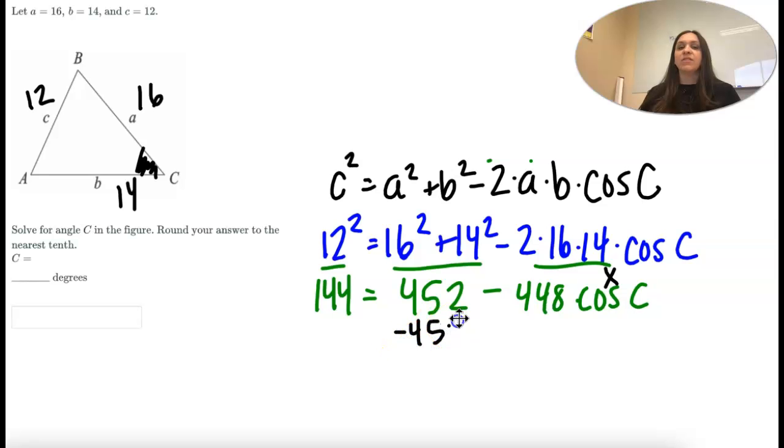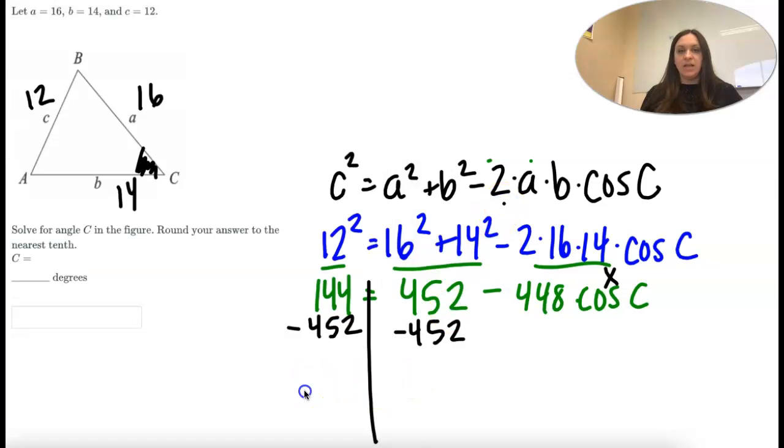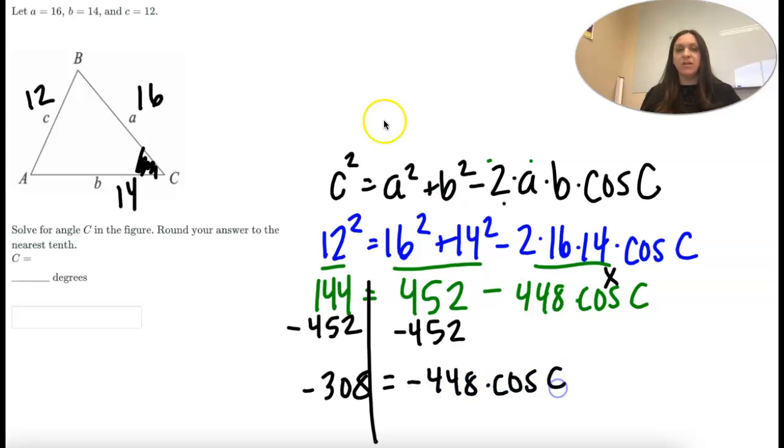So to solve, I have to subtract the 452 to the other side of the equation. So 144 minus 452 is negative 308, and that equals negative 448 times cosine of C.